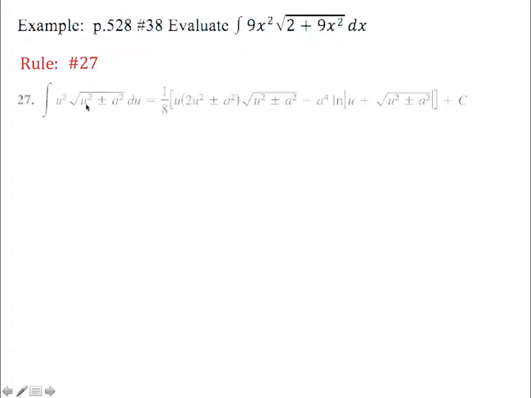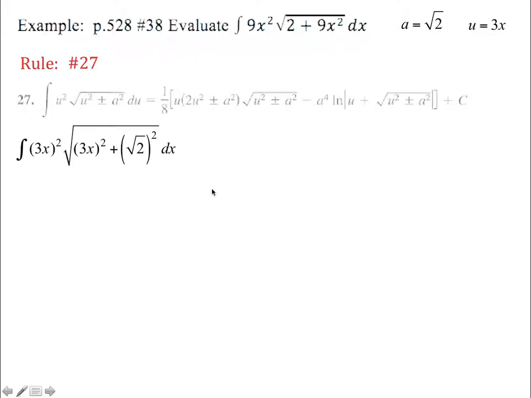So my a is actually in front and my u is actually in back, so this is really a squared plus u squared. If we identify that a, a squared doesn't have to be a perfect square, and if it's not, that just means a is the square root of a number. And u is 3x, because 9x squared is a perfect square.